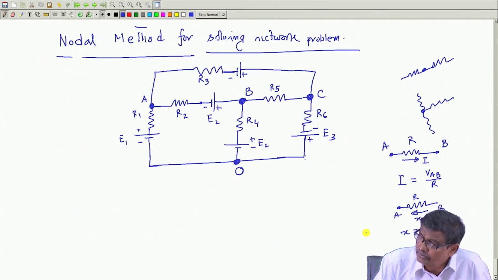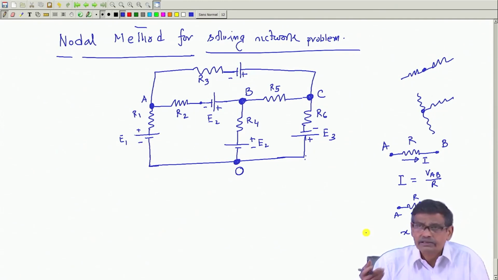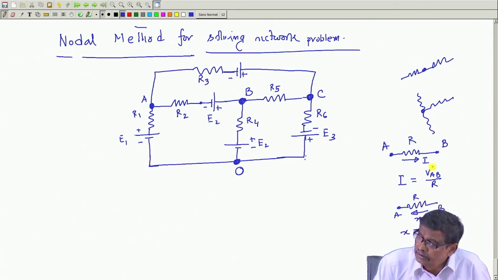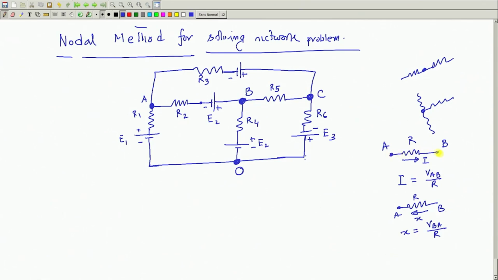So, depending upon the direction of the current, which is your choice, the potential difference across R is V_AB.